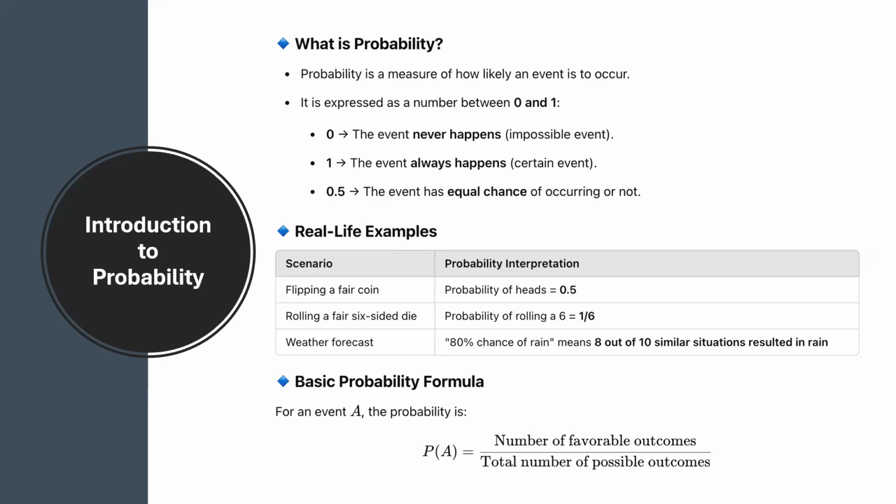Now let's talk about the very basic thing, the formula of probability. The probability for an event A is the number of favorable outcomes for that event divided by the total number of possible outcomes. Any doubt here? It's not an easy topic, I agree, but if you have any doubt, we'll keep it interactive. Today is very important.